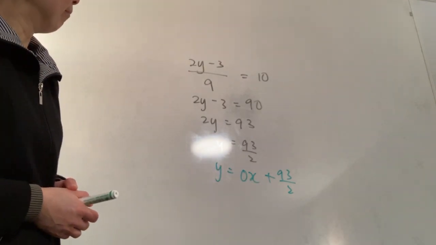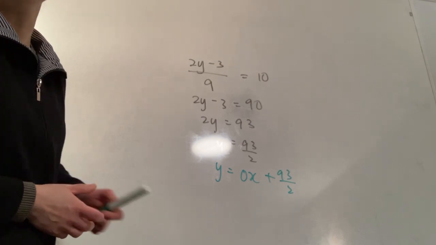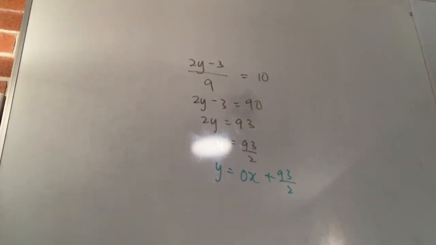Is that what you have? What do you have? There is no x. Yeah, good so far. And then you just need to rearrange it. So you have 2y equal to 93. I'm positive 93. Yeah, because you plus 9 both sides. Yep, and then you divide both sides by 2.